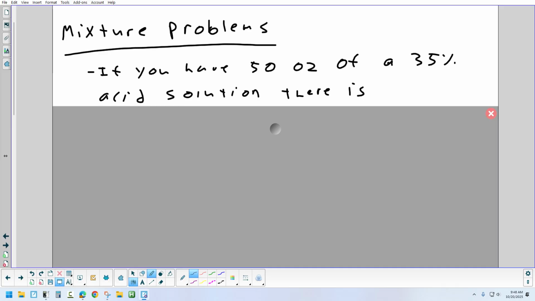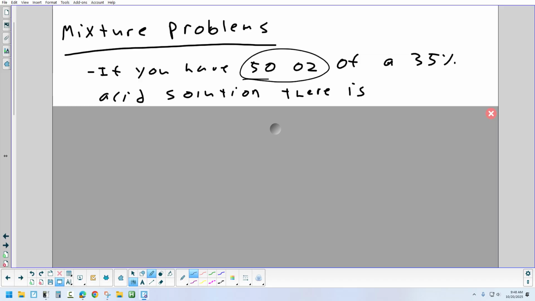If I gave you a solution that was 50 ounces and said that 35% of it was acid, the other 65% of it is just water. Out of the 50 ounces, how would you figure out how much of it is actually the chemical? You've got 50 ounces, but only 35% of that is actually the acid.